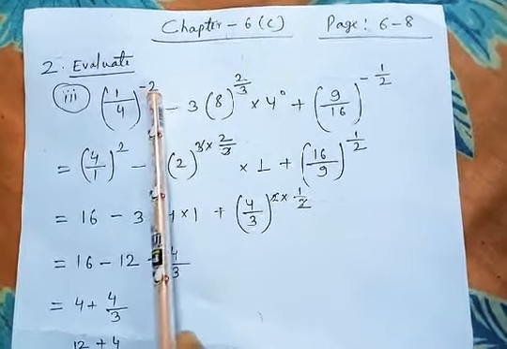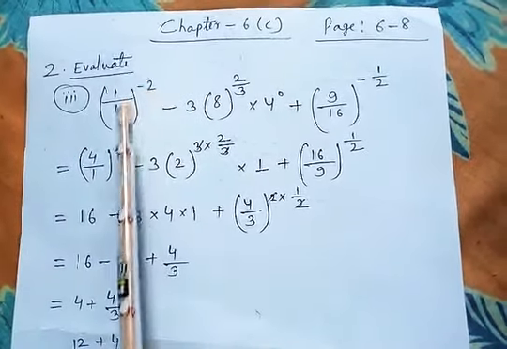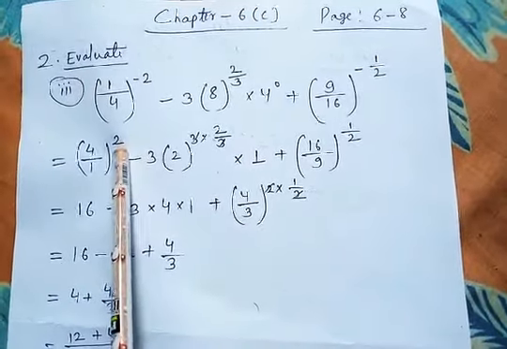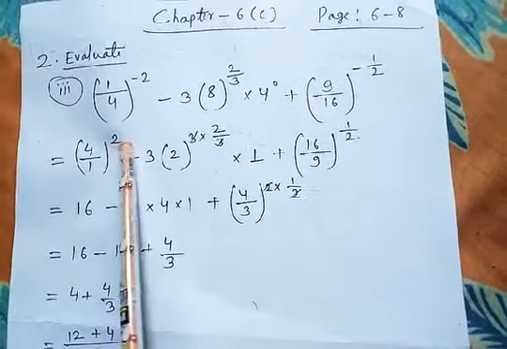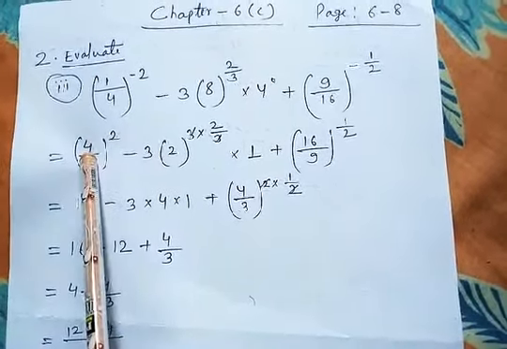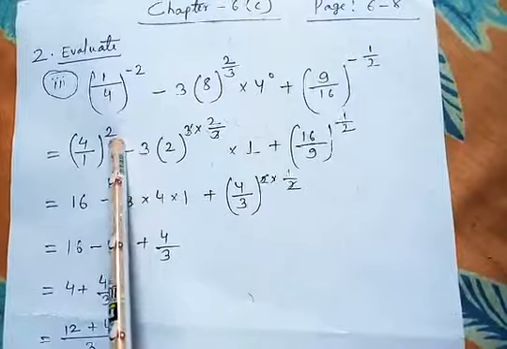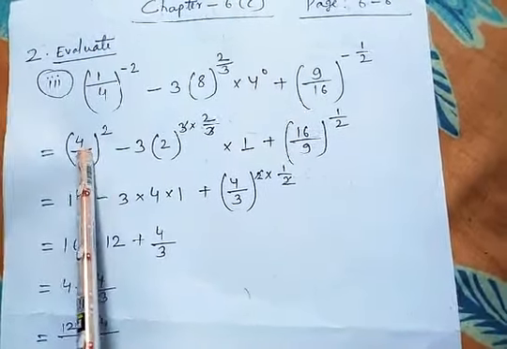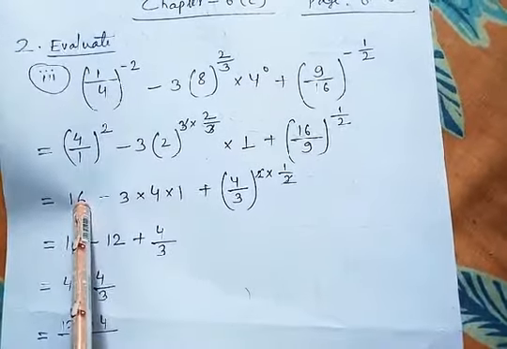So first let us make it positive. To make it positive, 1 by 4 will become 4 by 1. Now the negative power has become positive. Now there is no fraction at the power, so no need to break 4. Had it been a fraction, then we should target to break the base number, but no need now. Now 4 square will become 16.